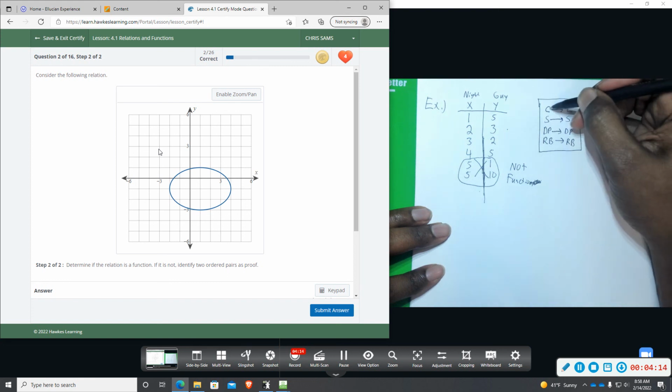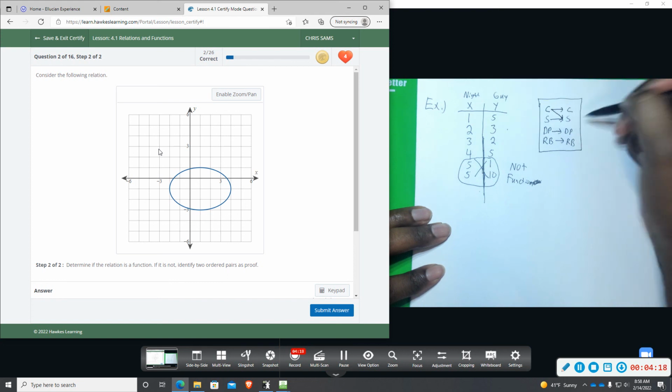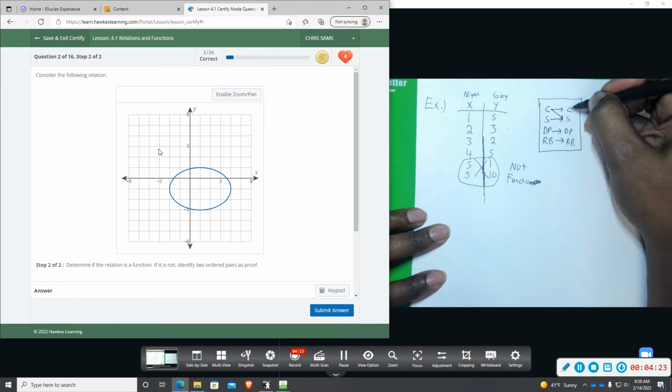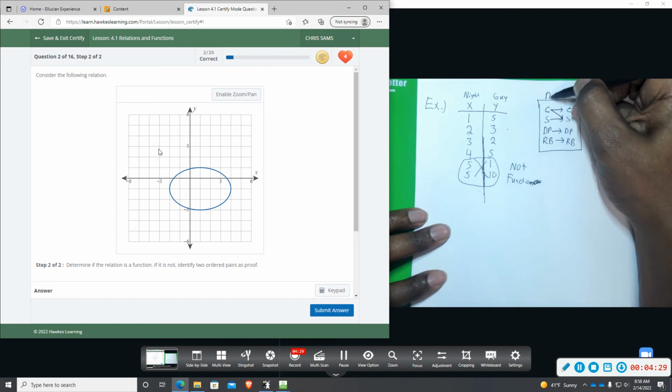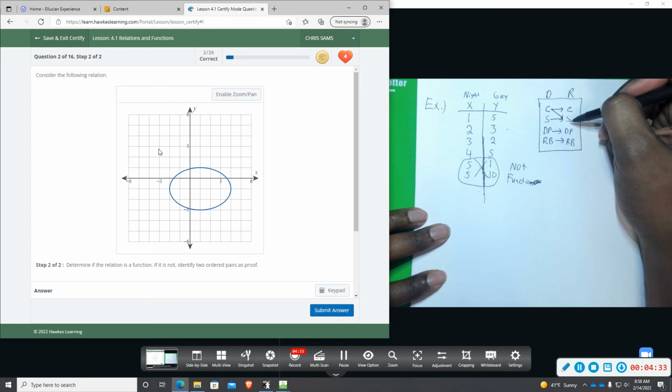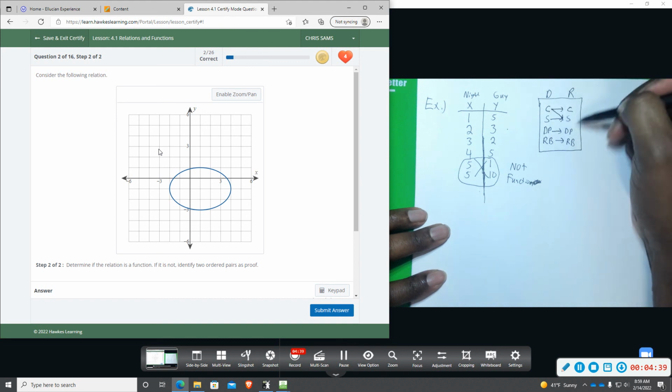But what if when you push Coke, sometimes you get a Coke and sometimes you get a Sprite? In a mapping, sometimes they will use these. This is a problem here because you have 2 lines. This is the domain, the first set, and this is the range. If you have 2 arrows coming from the same domain value, meaning you're getting 2 different things with one button, that is not functioning.